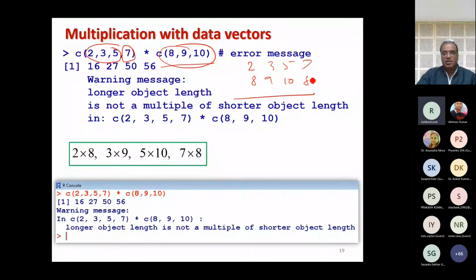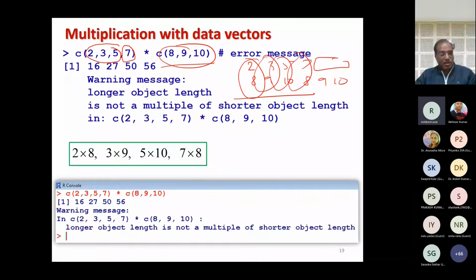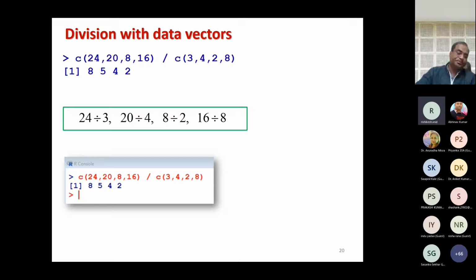Now this 8, 9, 10 will repeat again, so this and this are multiplied and so on. After this, there are no elements in the first data vector with which the elements in the second data vector can be multiplied. So that is why you get here a warning message and this type of outcome. Right, so that should not be a big deal for you to understand.